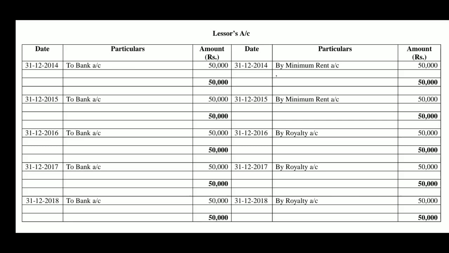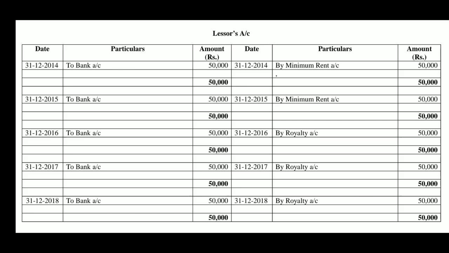In the third year, royalty and minimum rent are equal. Therefore, there is no question of debiting minimum rent. Here royalty is debited. It was already seen while passing the journal entry. So, royalty account attached to lessor's account. Here lessor's account credited by royalty account 50,000. When payment is made, lessor's account attached to bank account. In the fourth year 2017, again royalty is more than minimum rent.